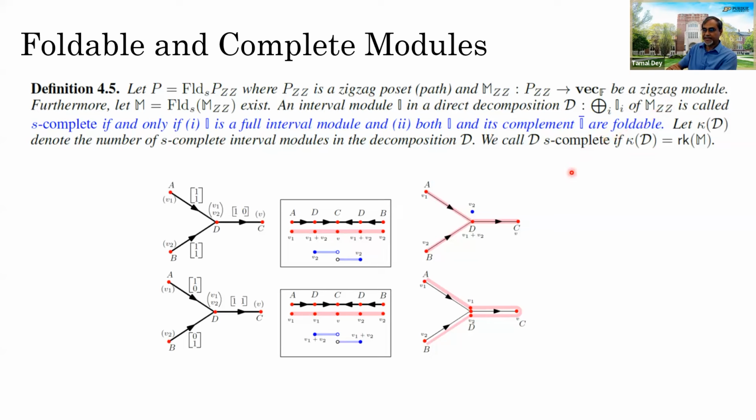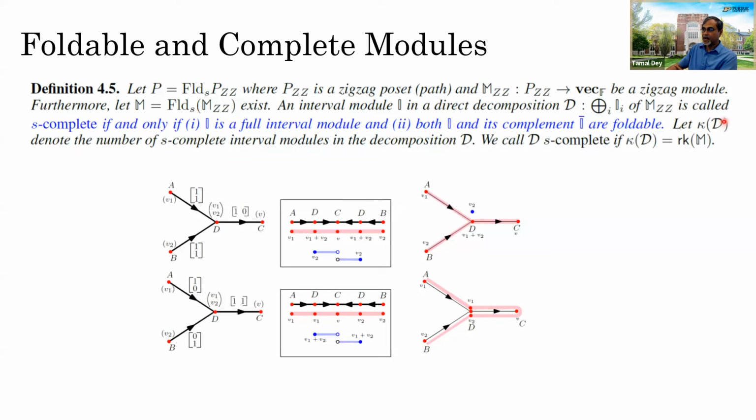We call it S complete if and only if two conditions hold. First, this has to be a full interval module I. Second, both I and its complement should be foldable. So I is foldable and its complement is also foldable. Then only do I say this is an S complete interval module in the decomposition of the zigzag module.